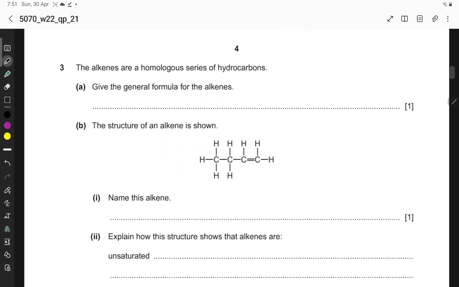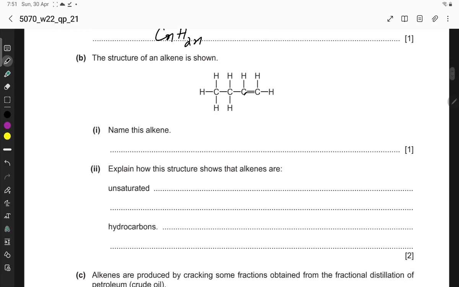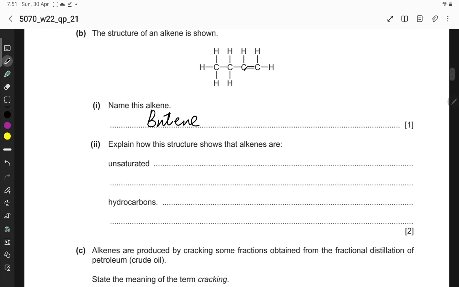Question number 3. The alkenes are a homologous series of hydrocarbons. Give the general formula for the alkenes. CnH2n. Name this alkene: 1, 2, 3, 4. This is butene. Explain how this structure shows that alkenes are unsaturated.